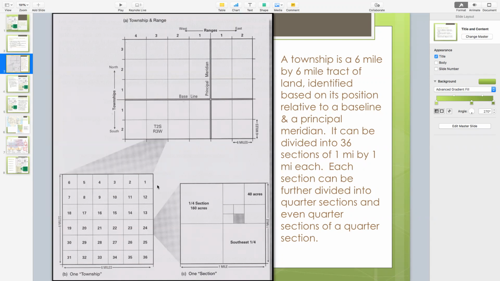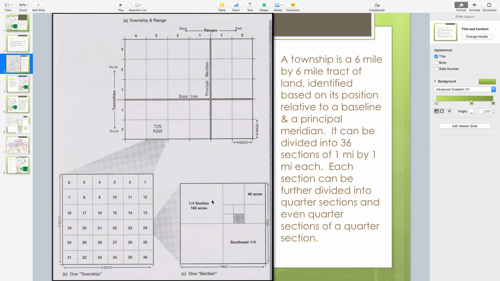Now, each of these 1-mile by 1-mile sections can be further divided into quarter sections. In this example, we are taking section 24, a 1-mile by 1-mile section, which is then further divided into quarters.